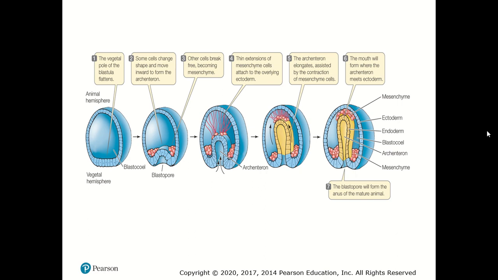This blastopore is going to form the anus, and then from there all the way to the mouth. So that's essentially what differentiates deuterostomes from protostome animals. And evidently from there you have their development. After this, you would essentially get an embryo, which starts either segmenting or goes through organogenesis.